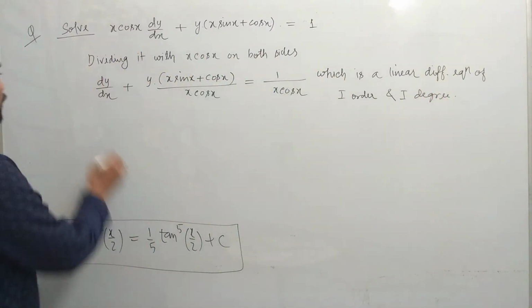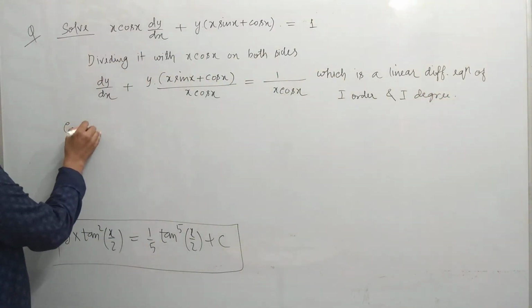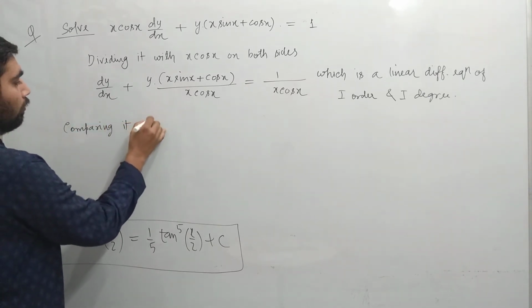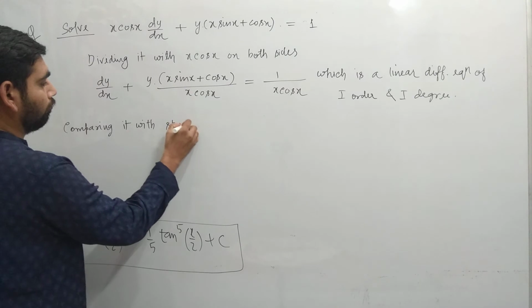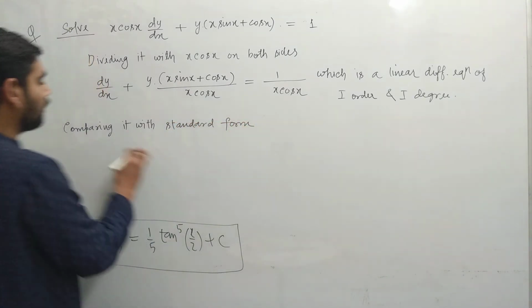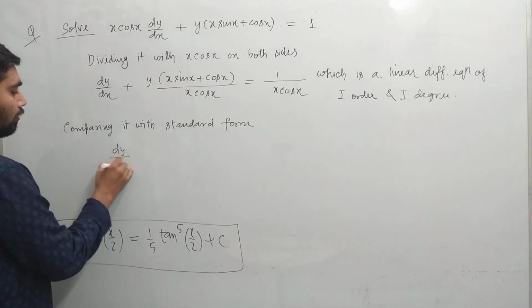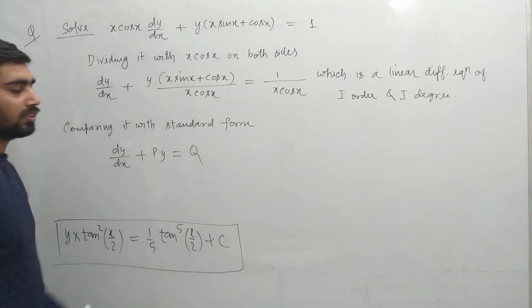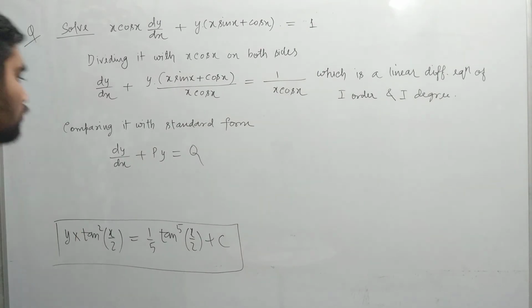Comparing it with standard form, the standard form is dy by dx plus py equals to q.